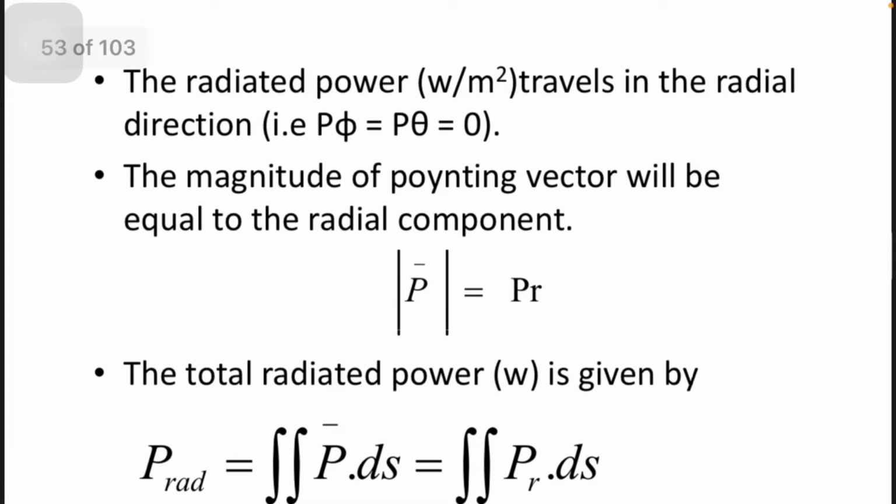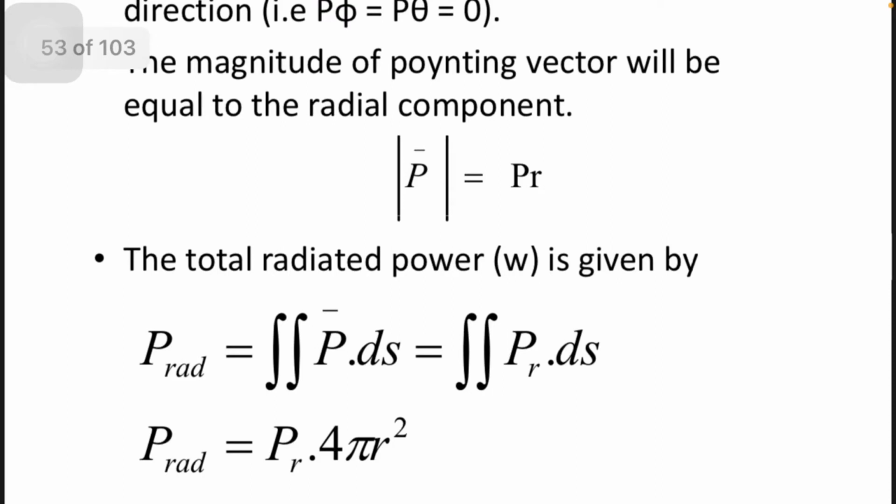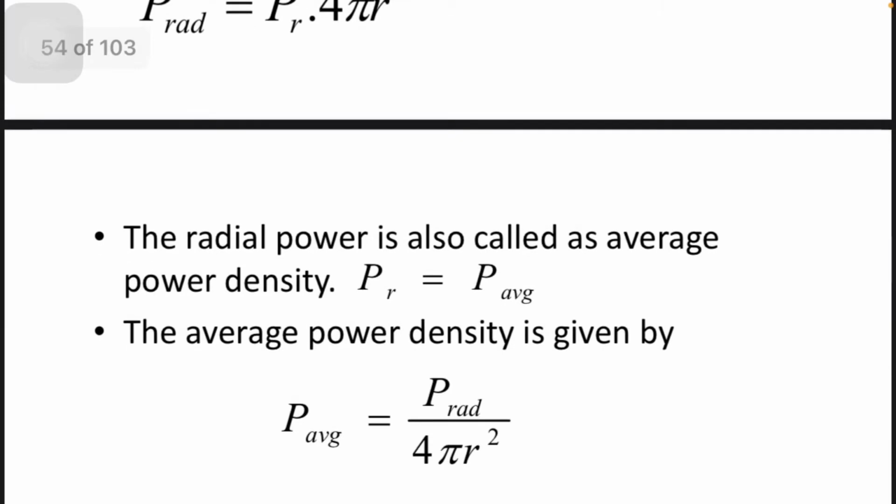The magnitude of the Poynting vector will be equal to the radial component, that is modulus of P bar equal to PR. The total radiated power in watts is given by P rad equal to double integral P bar dot ds equal to double integral PR dot ds, and then P rad equal to PR times 4 pi r square. The radial power is also called the average power density, PR equal to P average.